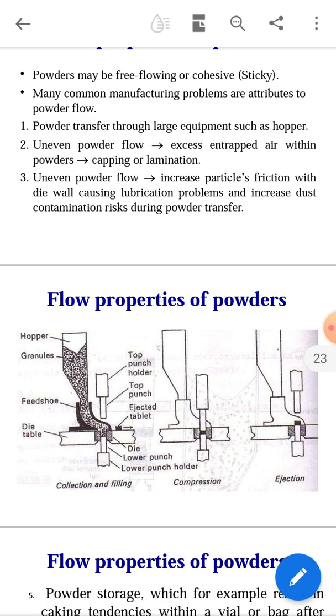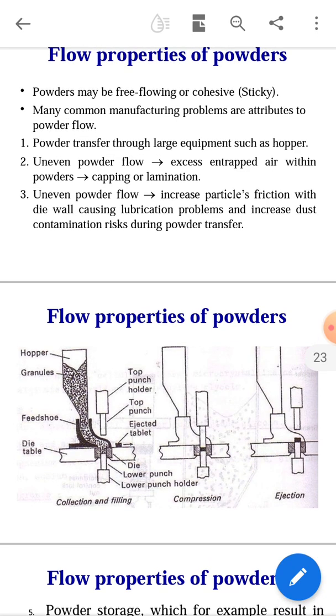The dosage form uniformity is disturbed, the flow and dissolution properties of the dosage form decrease, so the drug release also decreases. The permeability and absorption of the drug also decrease.